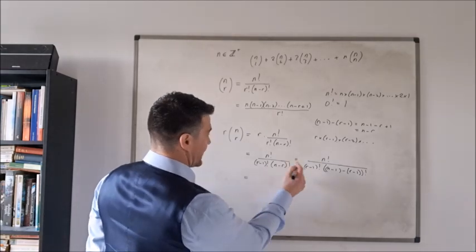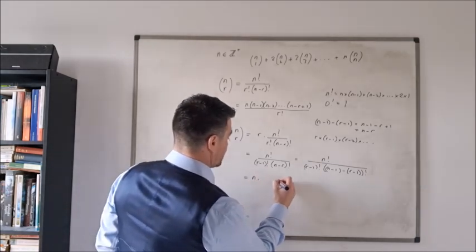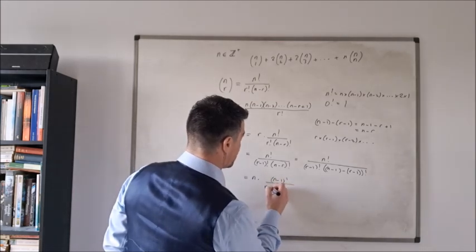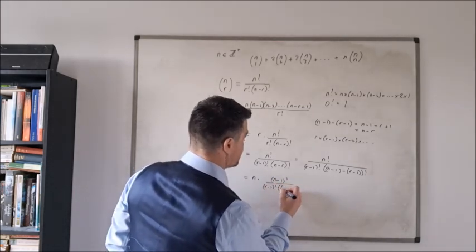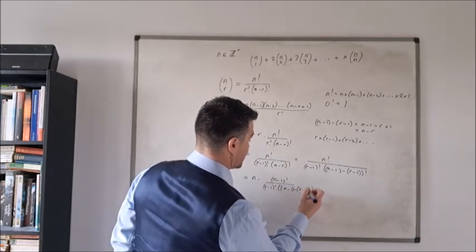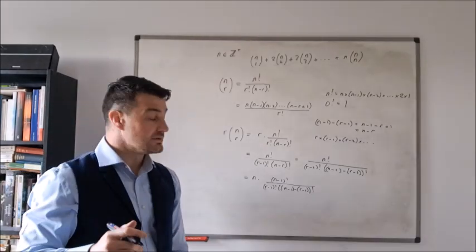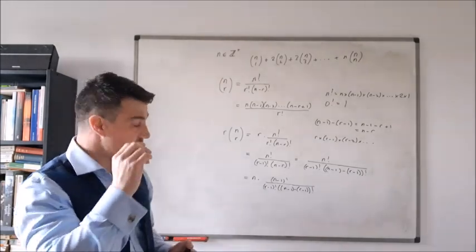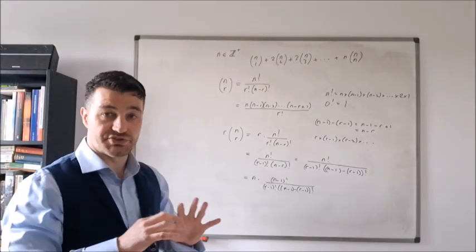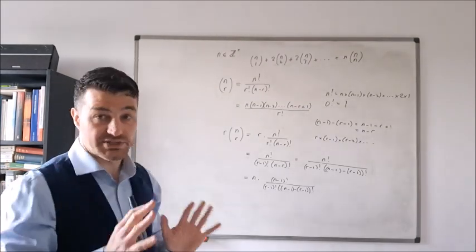Okay, so why is this useful? Because now I can write this as n times n minus 1 factorial over r minus 1 factorial times n minus 1 minus r minus 1 factorial. Again, at this stage, I'm still none the wiser really whether this is going to actually lead to anything useful. I'm just playing with the symbols. I'm just doing something.